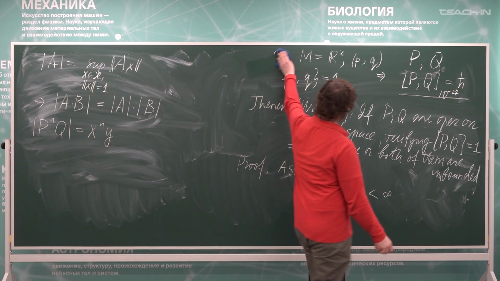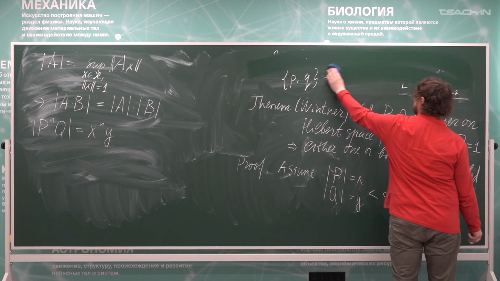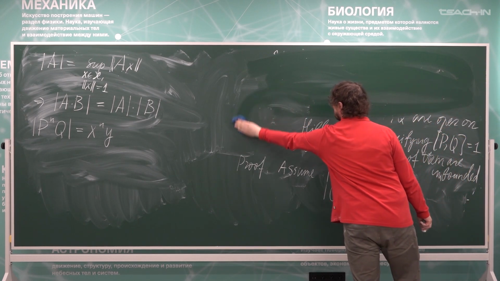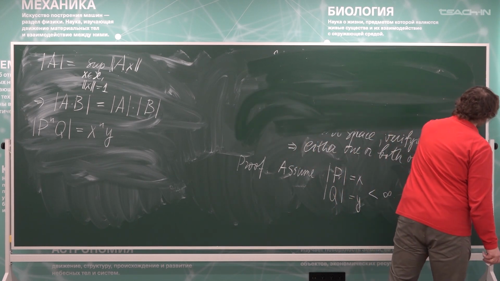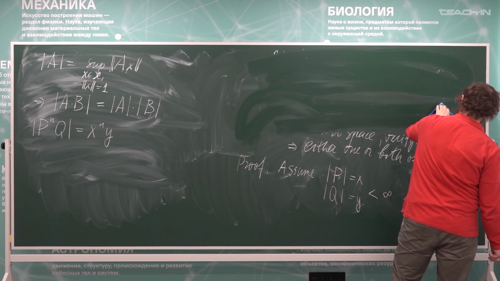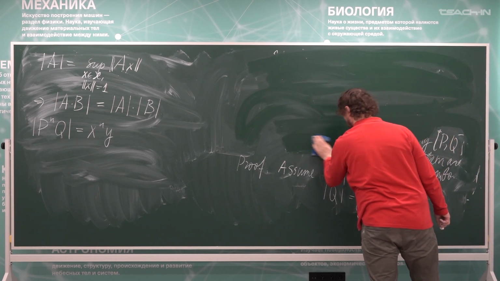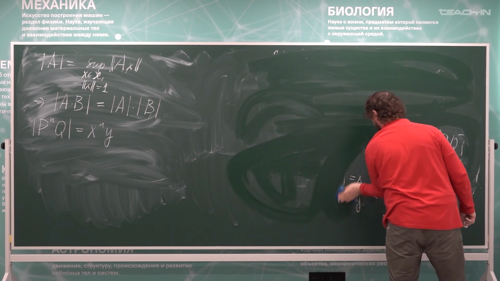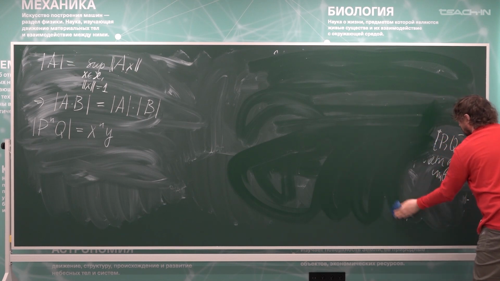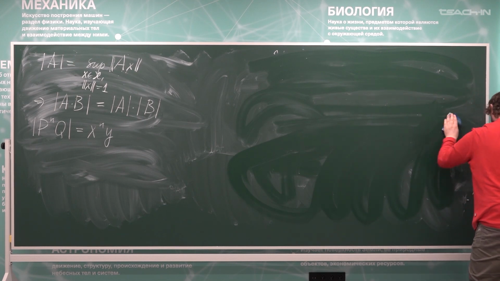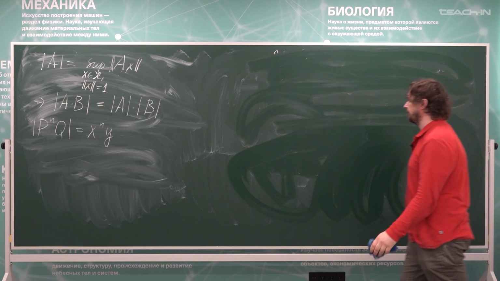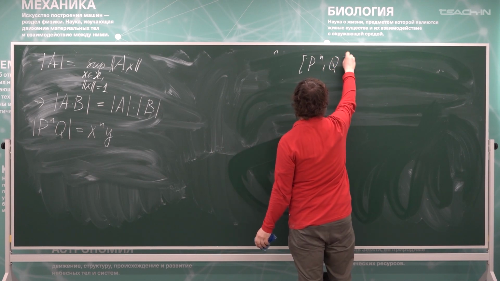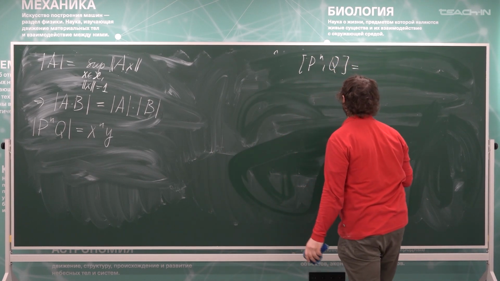On the other hand, if we take the commutator of p to the power n with q, it is easy to compute.